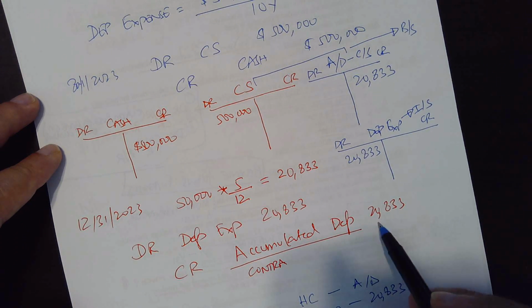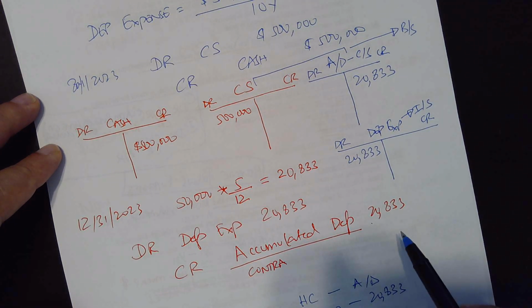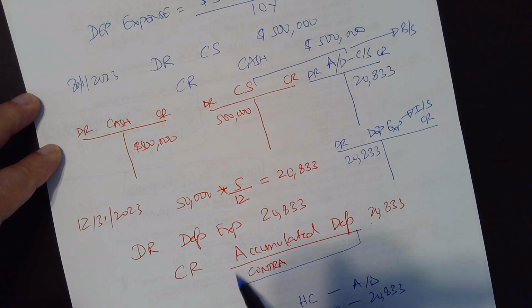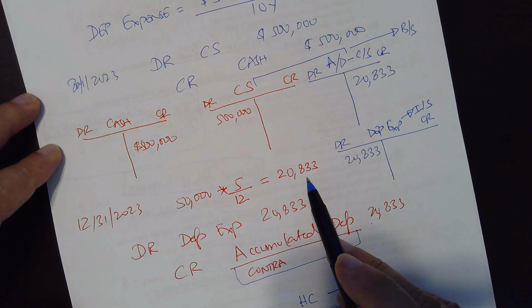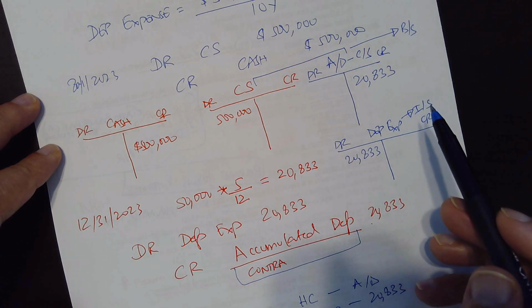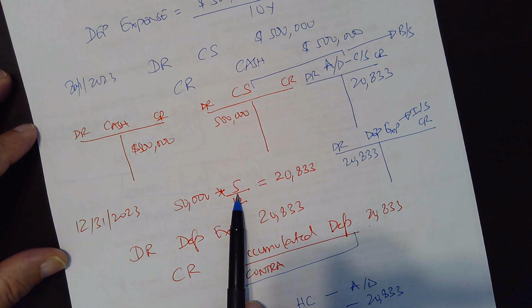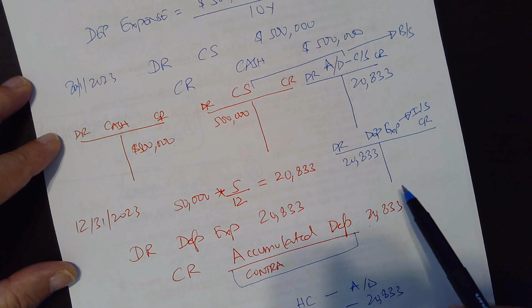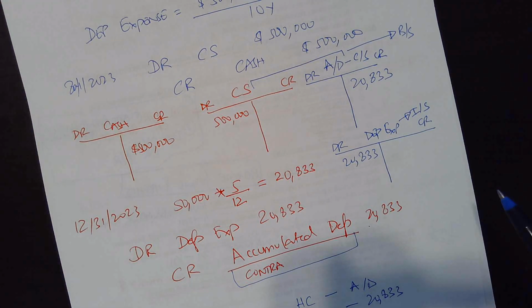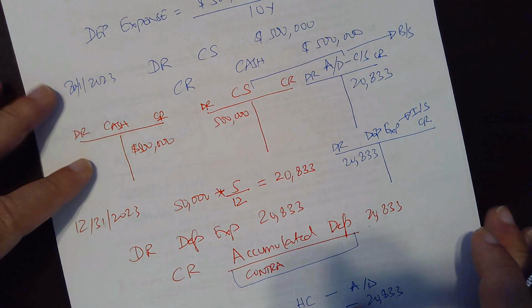So you can only claim 20,833, not the entire 50,000, because 50,000 represents the 12-month period and only 5 months have passed. So that's how we're going to do it when it comes to recording depreciation. Okay.